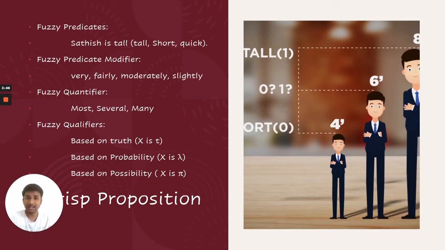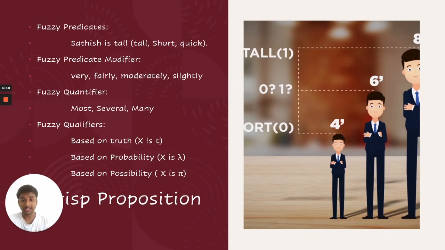This is a proposition. It does not mention the number of elements which are greater than that, right? It is not giving the full meaning. And fuzzy qualifiers: here, degree based on truth, x is t. It gives the degree of truthness of a given fuzzy proposition. Okay.